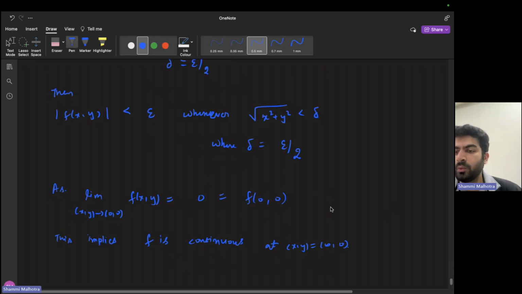If you are able to bound the function, you will get the continuity, and if not, then you try different paths, and with some different paths you will get different limits, and this will imply that the actual limit does not exist and the function is not continuous. Okay, I hope that's clear.